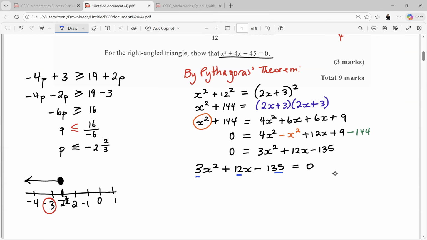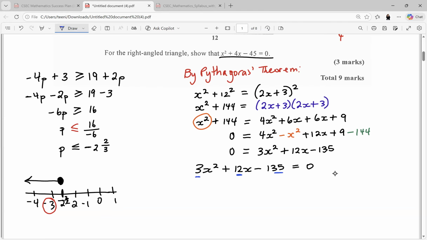And all three of those can be divided by 3. So whenever you have a quadratic expression or any expression for that matter, and all of the terms have a common factor, you can divide throughout by that common factor to get smaller numbers. So it will be simpler.